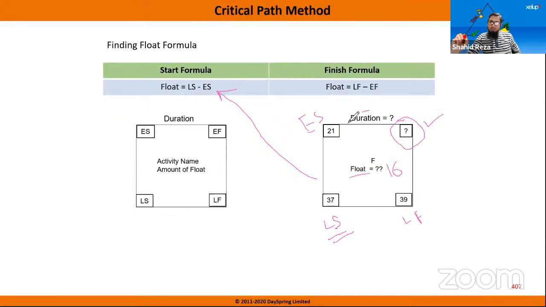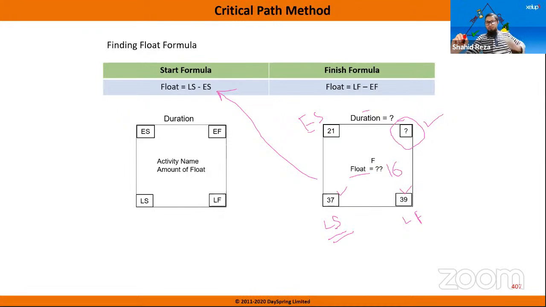Before that, we need to find out the duration, right? Exactly. So how can we calculate the duration? What will be the duration of the task? Can anyone say? 37, 39, right? Yes.